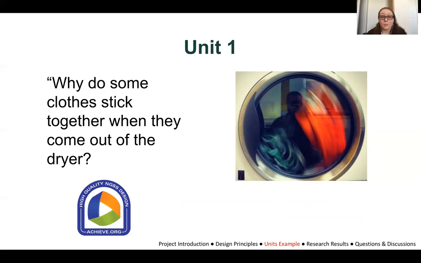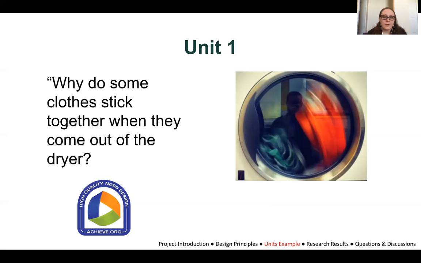At one point, we even completely reorganized and rewrote our Unit 1. And then when the project was over, we submitted it to the Achieve peer review panel. We were really proud that we were the first unit to receive the digital design badge for high quality NGSS design.